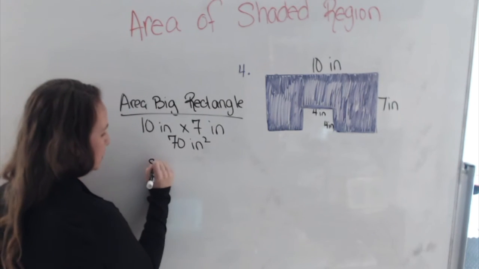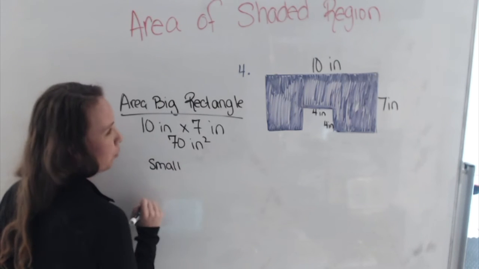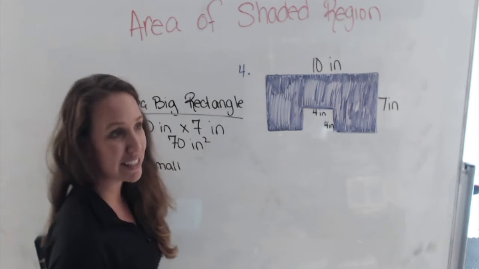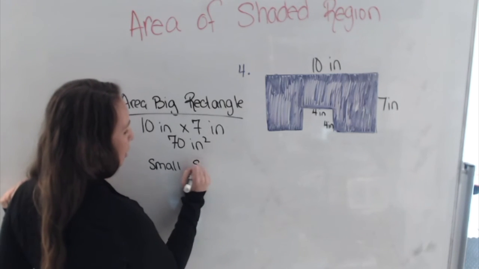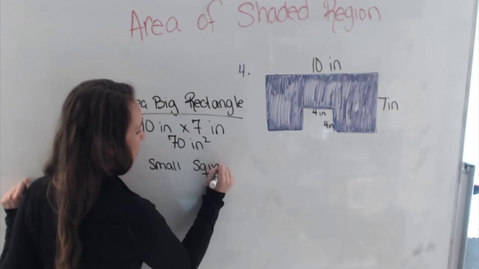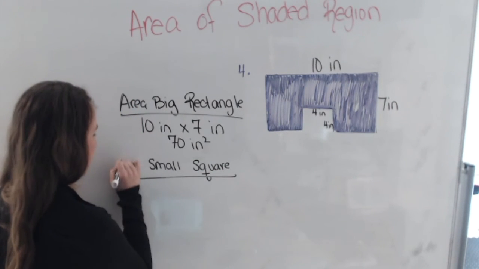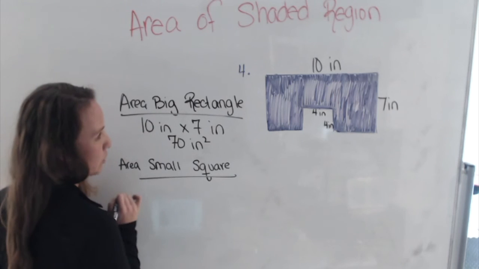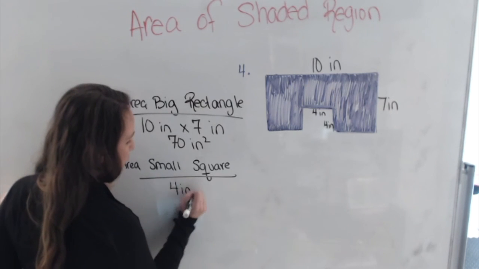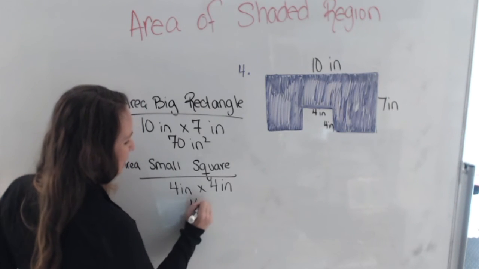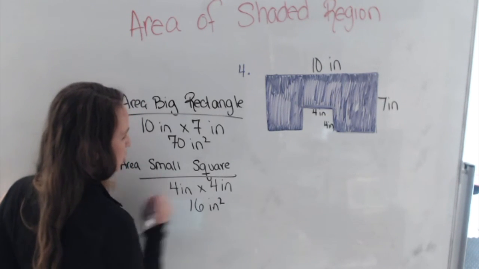So now let's do the small. Wait a minute, it's not just a rectangle, but if I notice the length and the width are the same, so I'm going to write the small square. The area of the small square is 4 inches times 4 inches, which is a total of 16 inches squared.